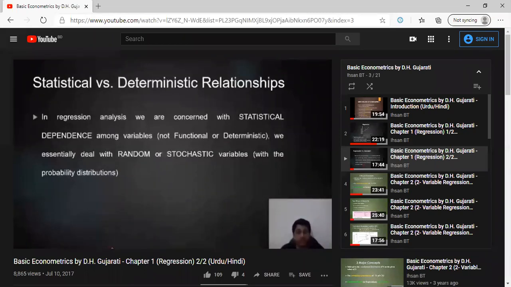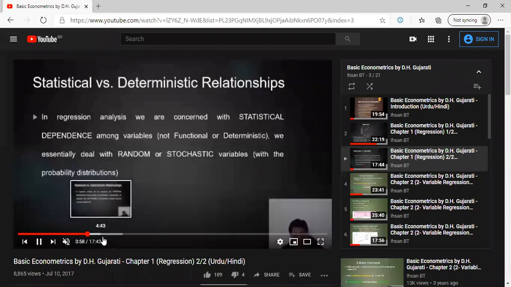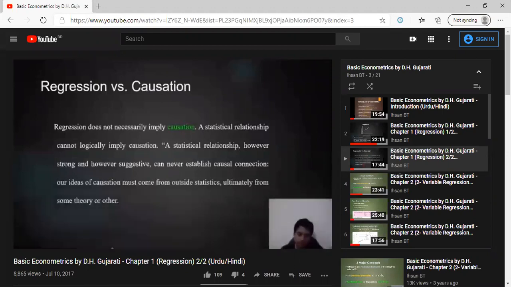Then we move on to the estimation thing. Estimation will be rigorous, very rigorous estimation method.